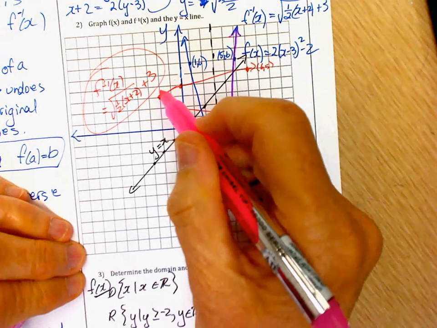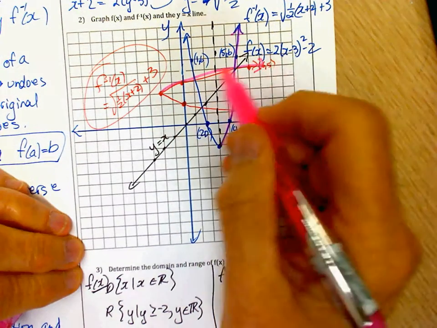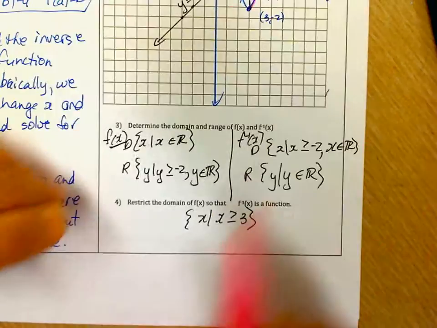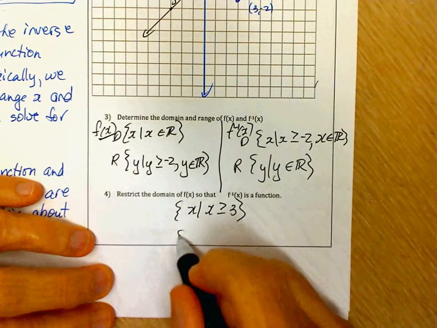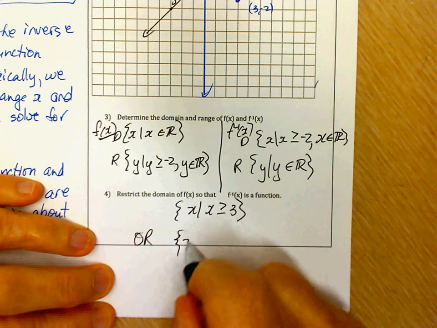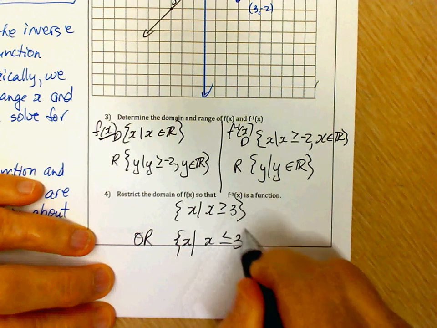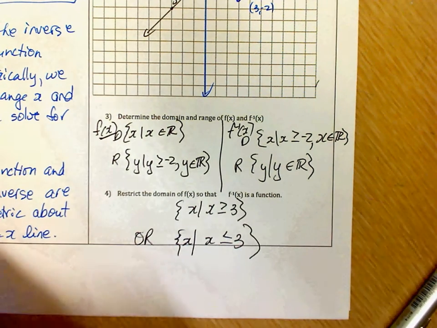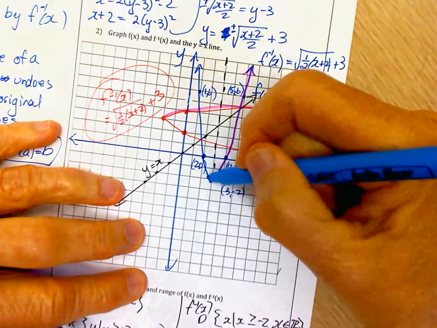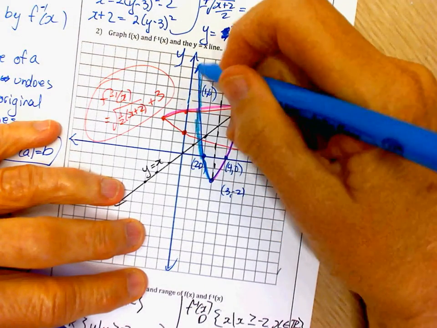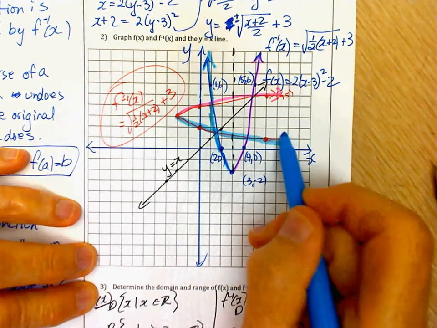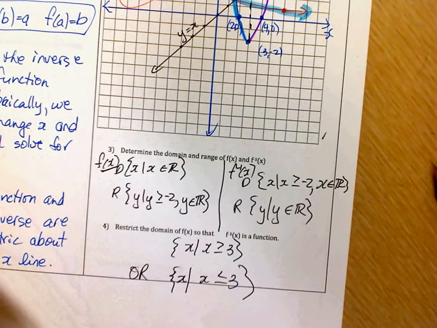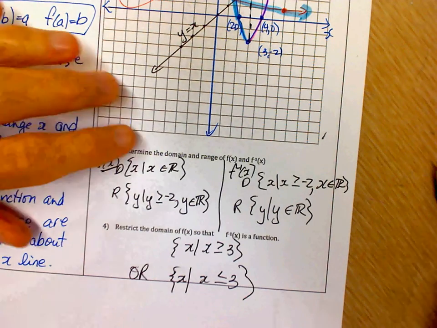Or we could have restricted it the other way, x such that x is less than or equal to 3. If we decide to keep the left side of the branch, then the inverse of the left side will be this. So it's one or the other. That's your choice, as long as you start with your axis of symmetry for f of x and pick one of the two.